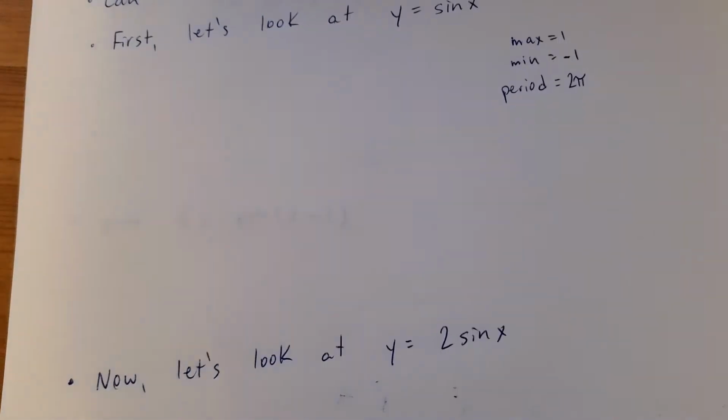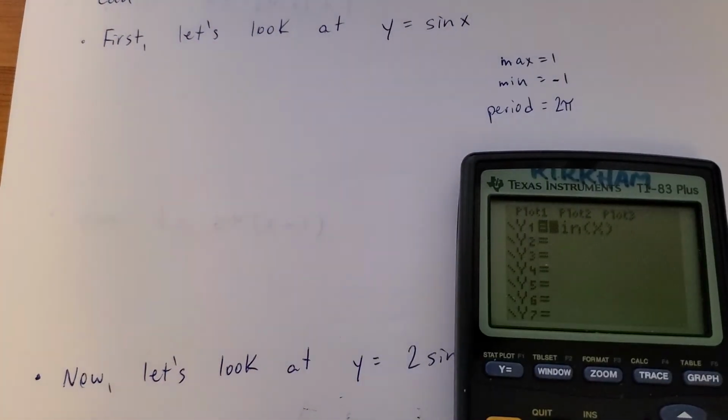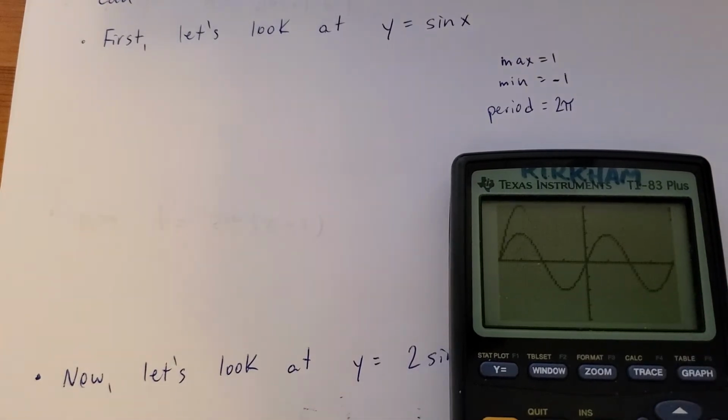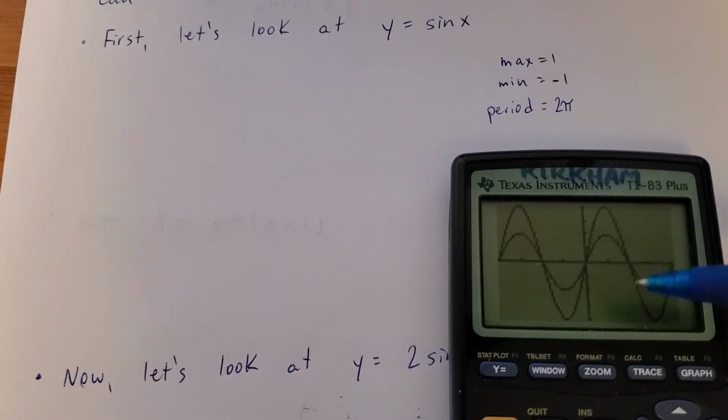So what do I have here? I said, let's look at y equals 2 times sine x. I'm actually going to leave sine x there. Let's do 2 times sine x and see what's different. All right, so it's going much higher and much lower, but it looks like the period is the same. Looks like it's changing the maximum and the minimum.